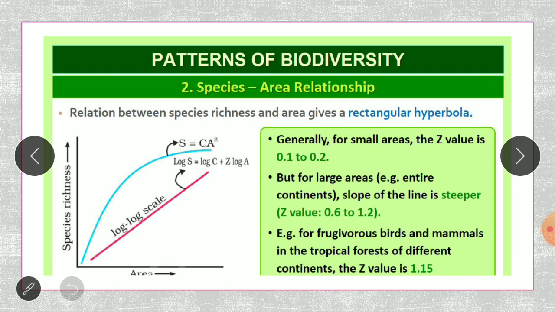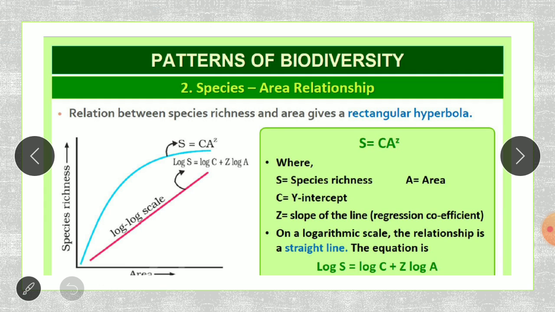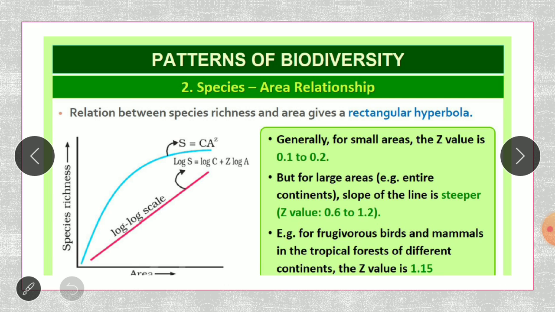Then generally for small areas, the Z value is 0.1 to 0.2. What is Z? Z is nothing but the slope of the line. So when we are talking about a smaller area, this Z value is 0.1 to 0.2.